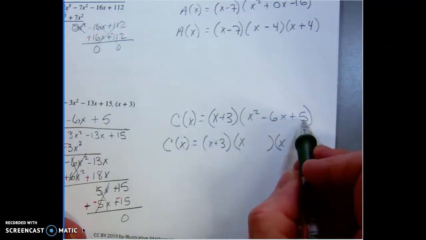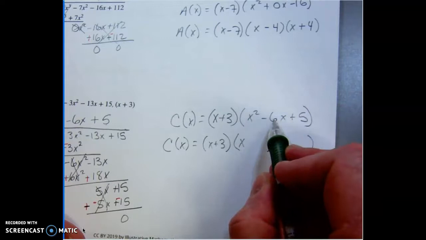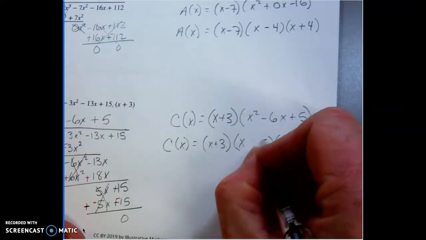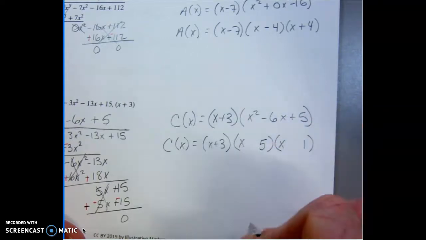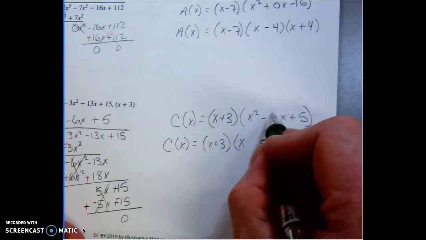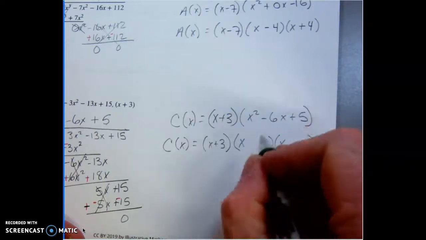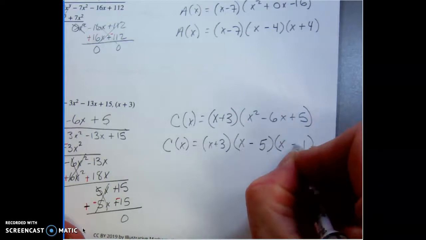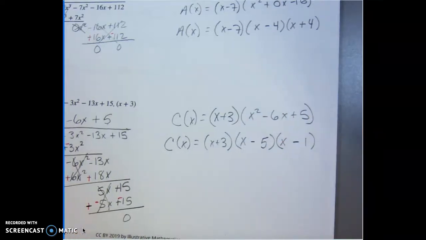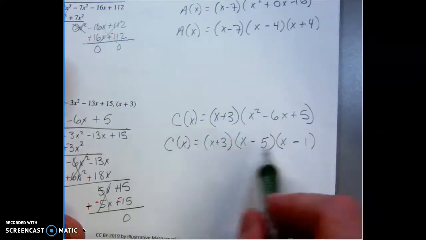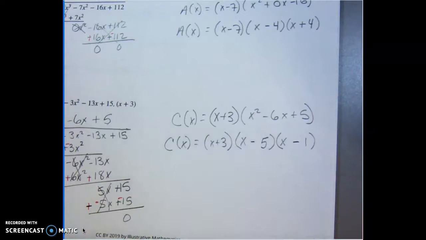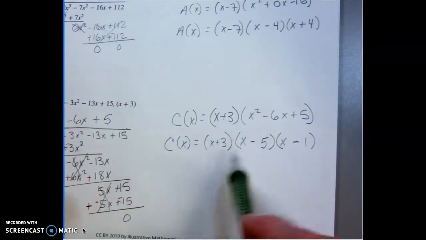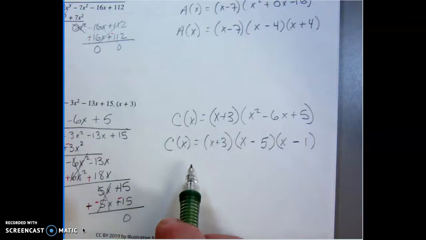Read it backwards: factors of 5 that add up to 6. That's got to be 5 times 1. And if I want that to give me a negative 6, it must be a minus and a minus. So again, I've got my 3 linear factors. I could use that to figure out what my graph might look like, where it's going to cross the x-axis.